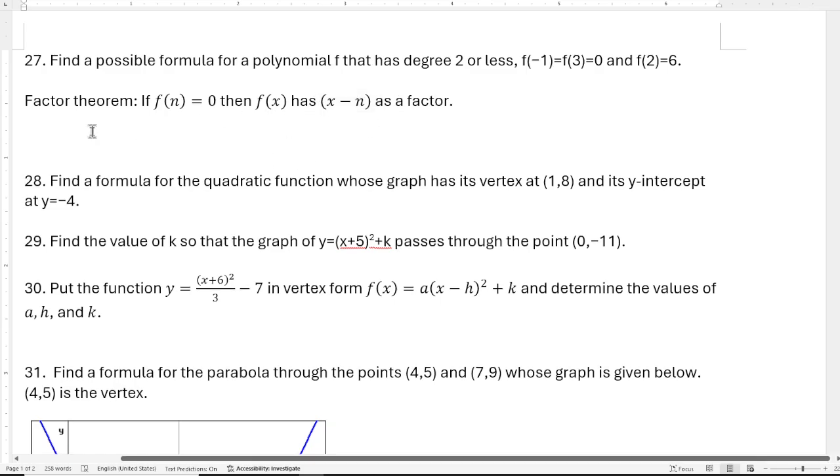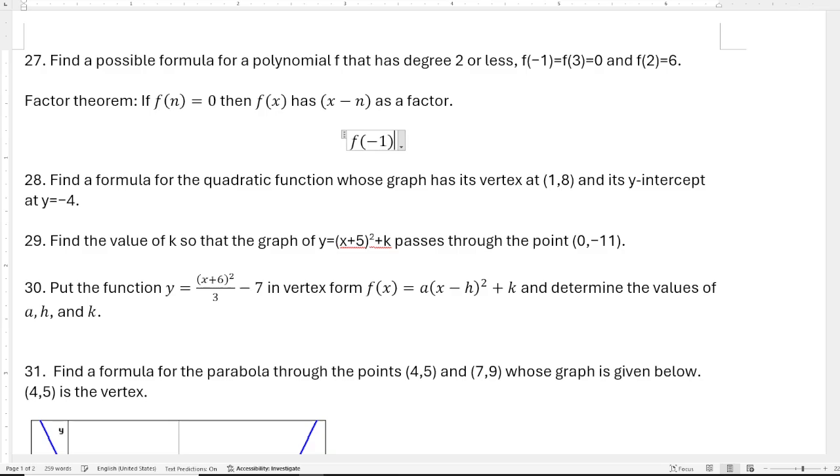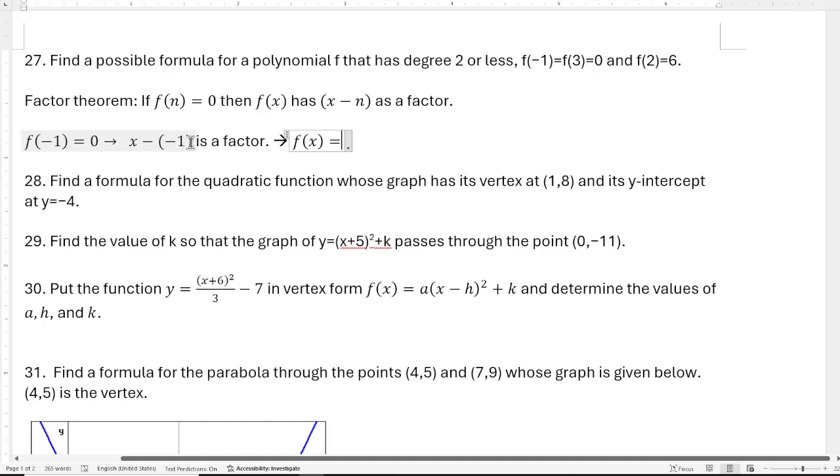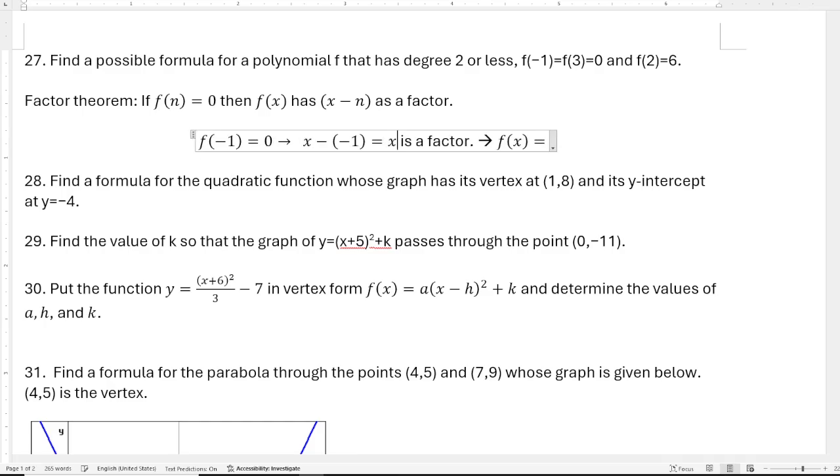Now let's see how this applies to our case. First, we know that f of negative 1 is 0, so that means x minus negative 1 is a factor. Now what does that mean? Well, x minus negative 1 is x plus 1, right?